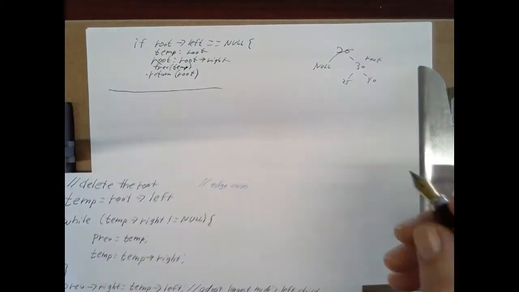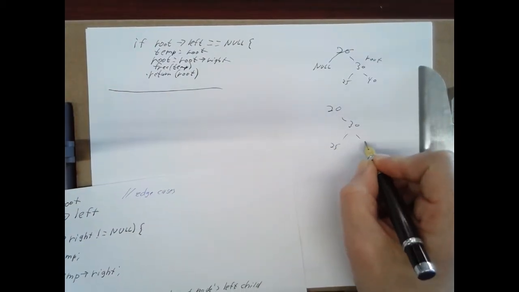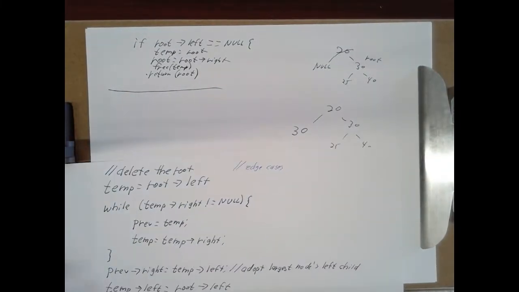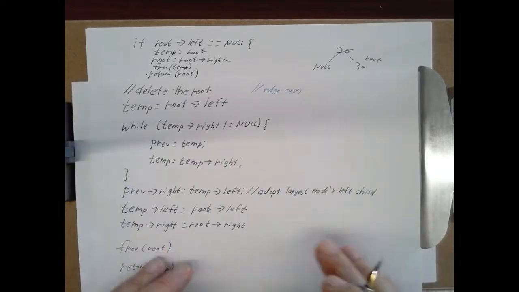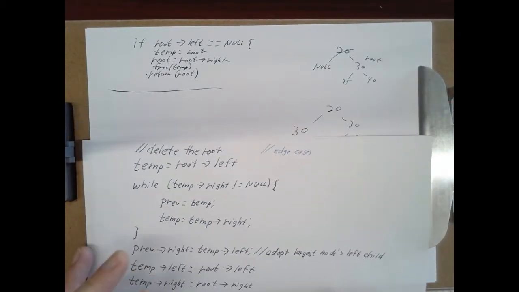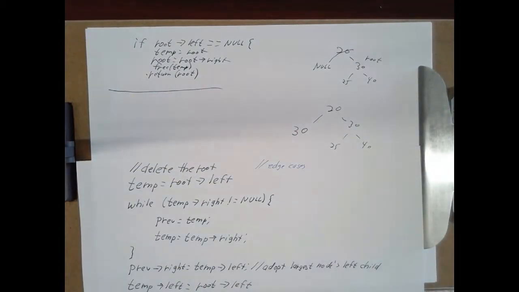The other edge case, possibly, is when you only have one thing on the left. Because our algorithm for finding the largest thing in the left subtree is the following: set temp equal to root arrow left. So this is temp.